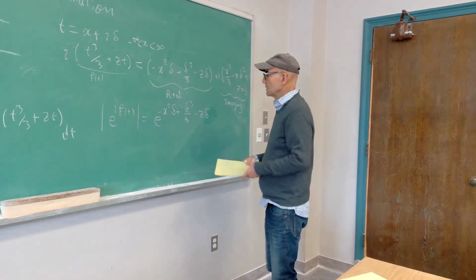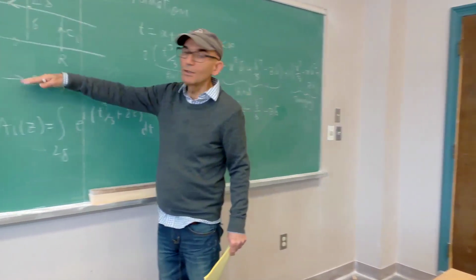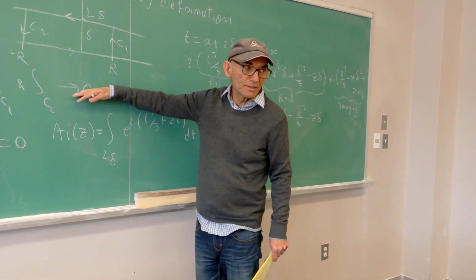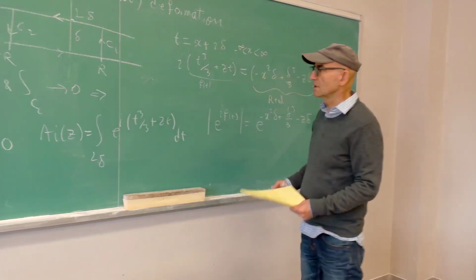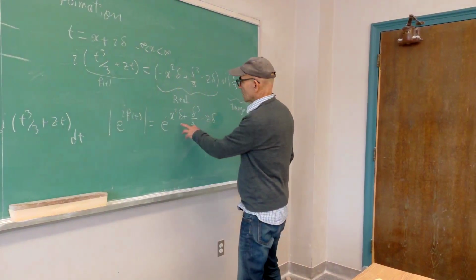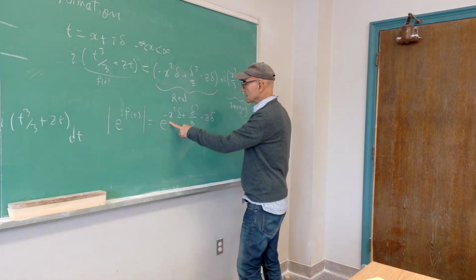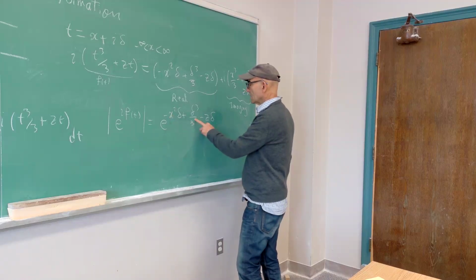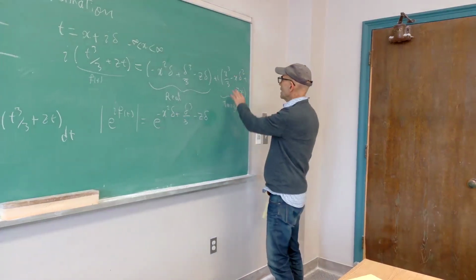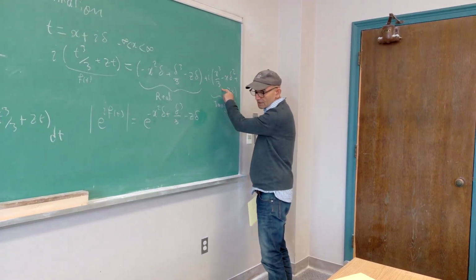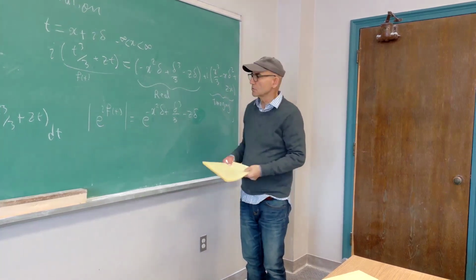Because delta is positive, you should not deform to below, because if you deform to the line below, you get a disaster, something very messy again, only conditionally convergent. But now this is a rapidly, exponentially decaying integral at infinity, and these other terms don't matter because this is the dominant thing. And the other is a purely imaginary thing, so it doesn't contribute to convergence or divergence.